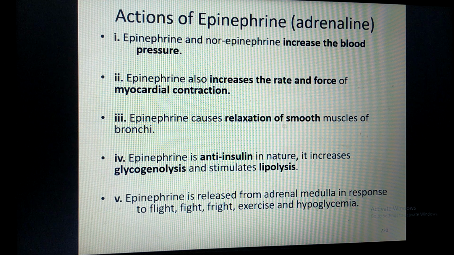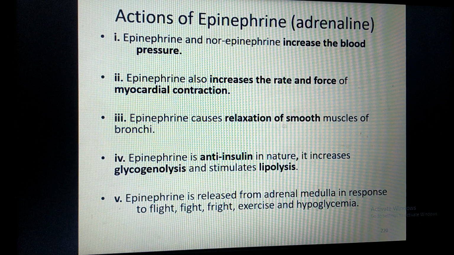Therefore, it can be used in asthma, where the bronchial tree undergoes bronchoconstriction. Epinephrine is anti-insulin in nature, which increases blood glucose level by glycogenolysis, meaning breakdown of glycogen. Also, it leads to stimulation of fat breakdown, that is lipolysis.